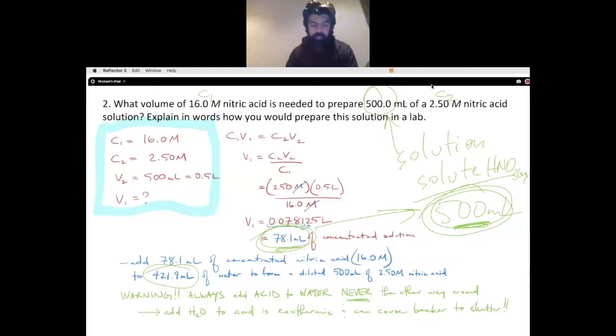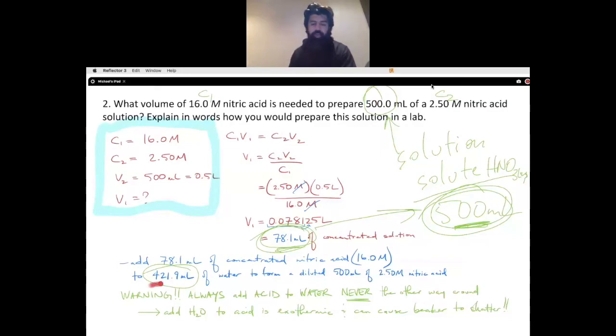421.9 milliliters of water. That is how much water I'm going to have in a beaker ready, because I need to have my water ready. Remember, as we said, we always add acid to water, never the other way around, because it is exothermic and can cause the beaker to shatter.